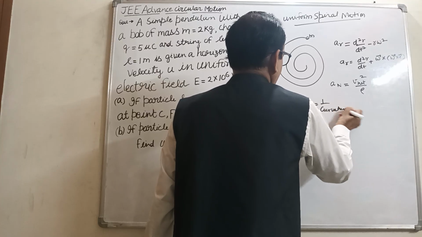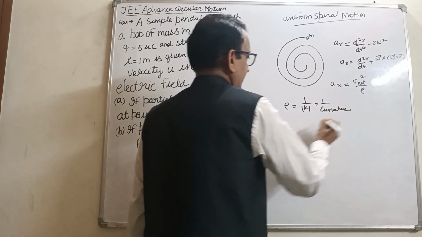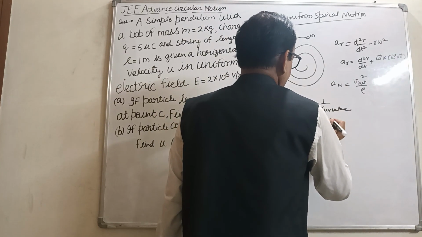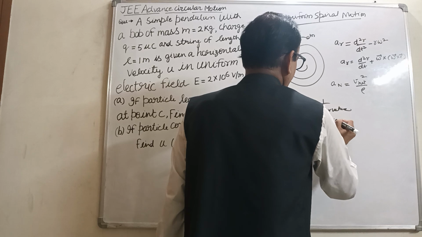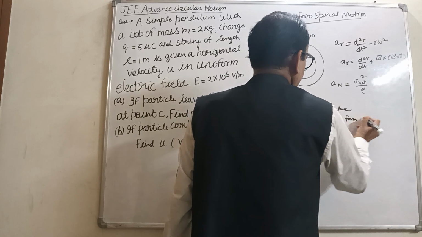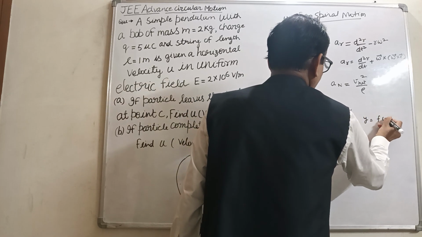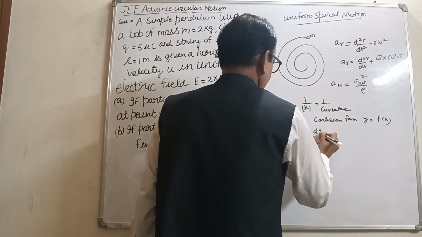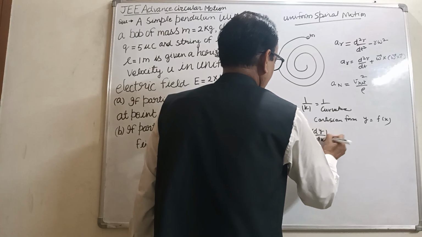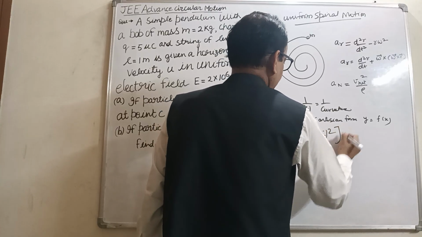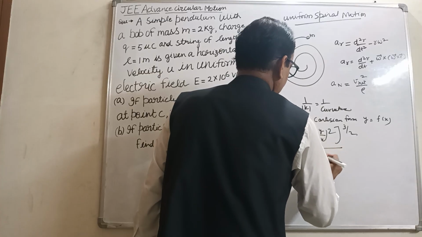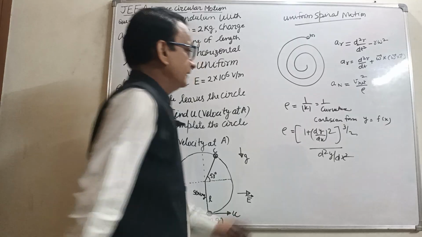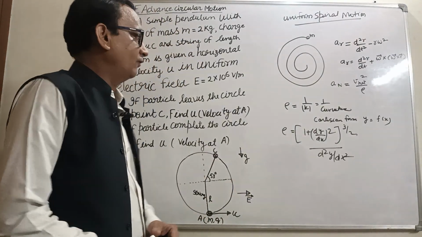And radius of curvature for Cartesian form, that is y is equal to f(x), can be expressed as 1 plus (dy over dx) whole square raised to power 3 by 2 upon d2y over dx square. This is radius of curvature in Cartesian form.